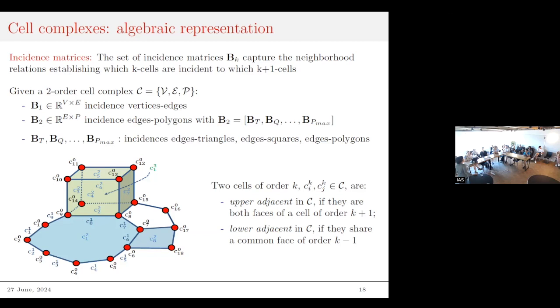I think that you can have a tensor if you consider upper graphs. In this case, no, because we have a given number of edges. The number of edges is the number of rows of B2.